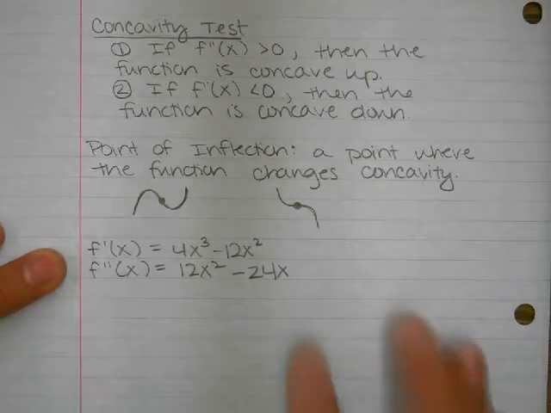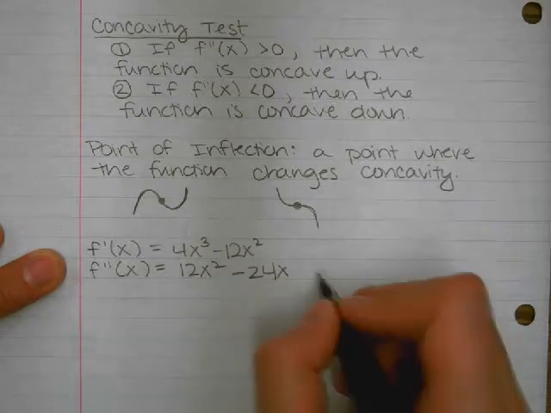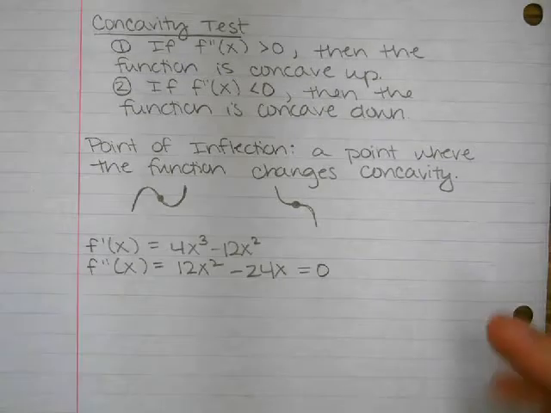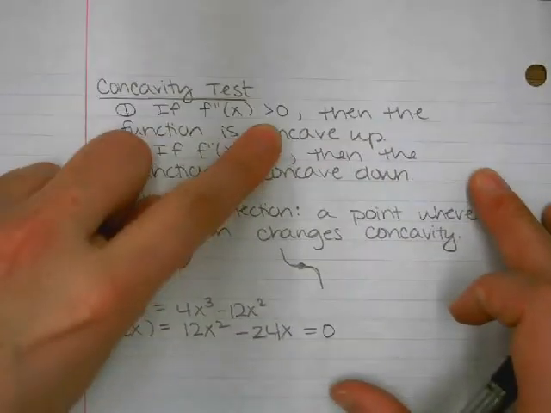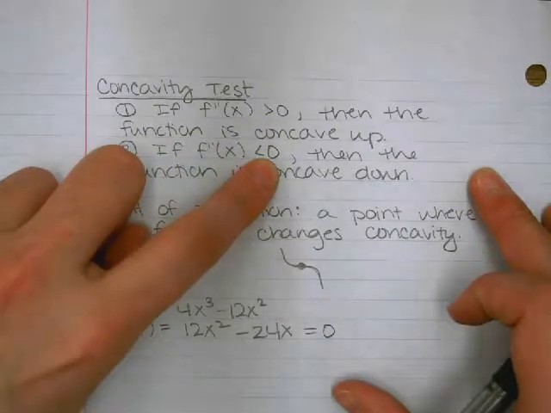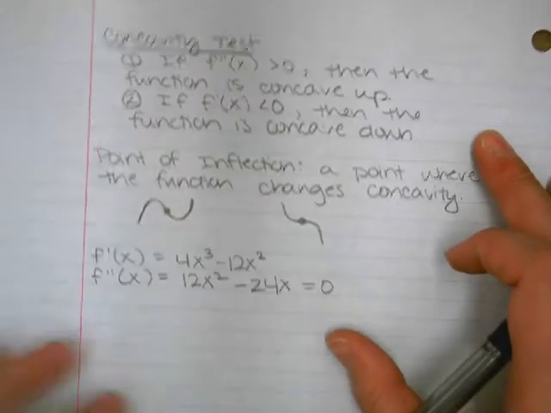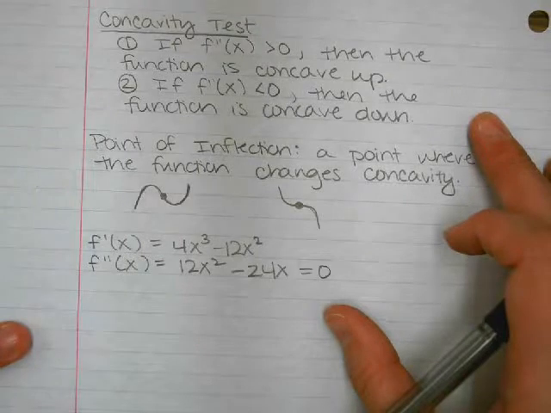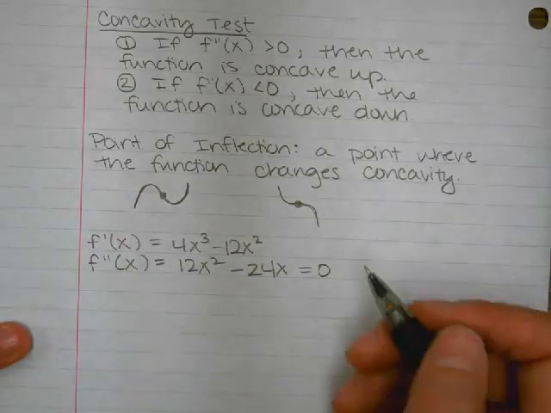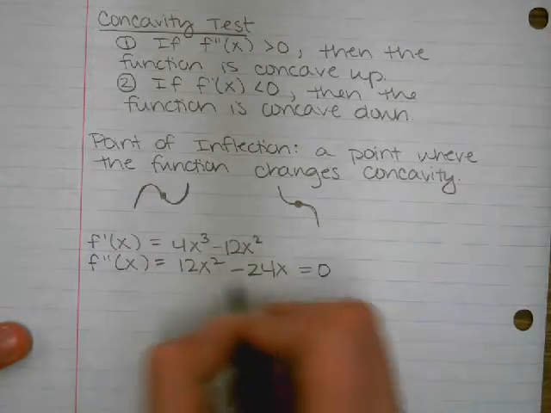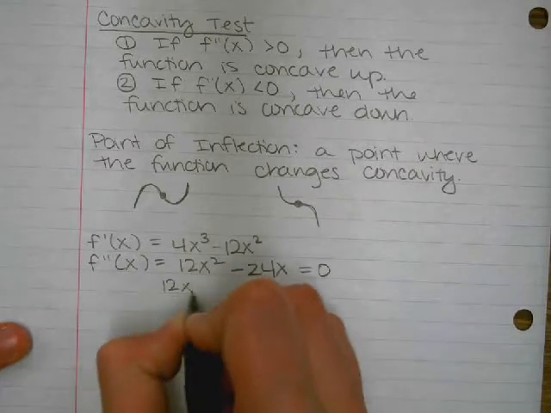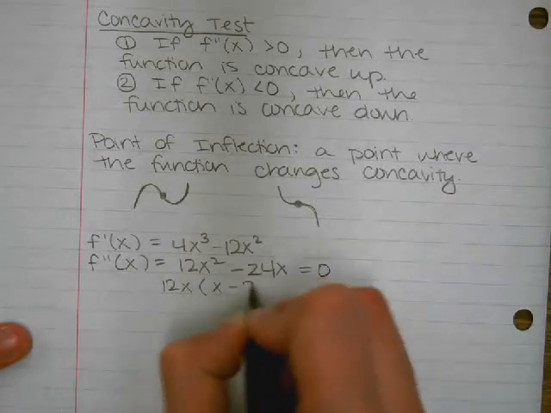And we're going to do the same process. We're going to take that second derivative and set it equal to 0, because if we're looking where the second derivative is positive and where it's negative, 0 is in between those values. So if we can figure out where it equals 0, then we'll know what's happening on either side of those zeros. So I've got a GCF of 12x that I can take out, and then that leaves me with x minus 2.